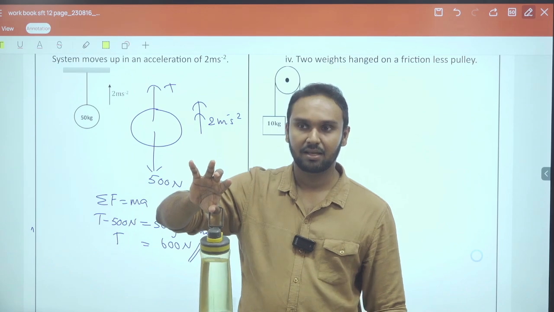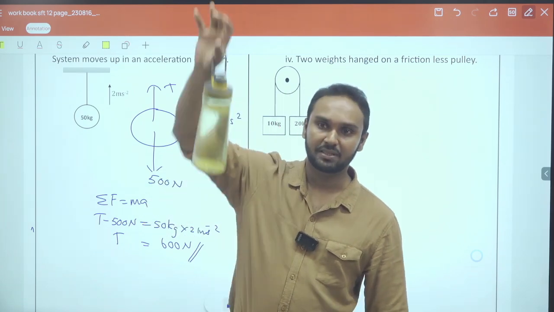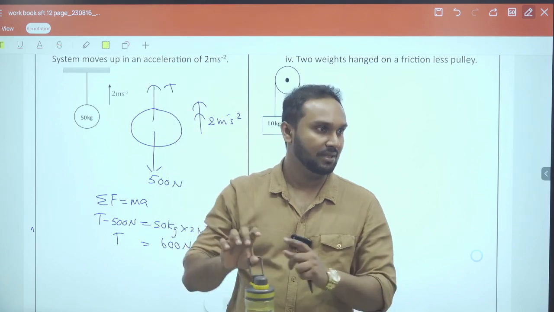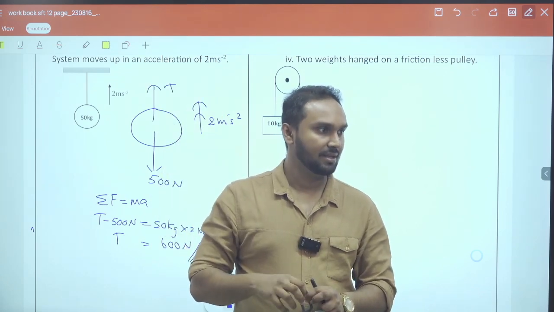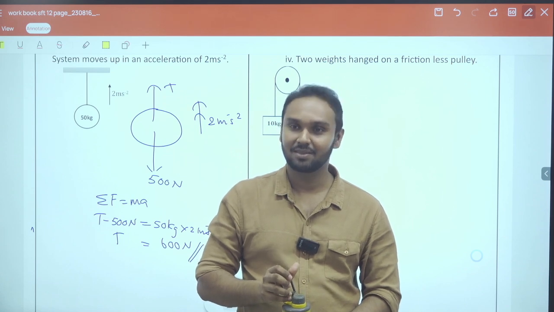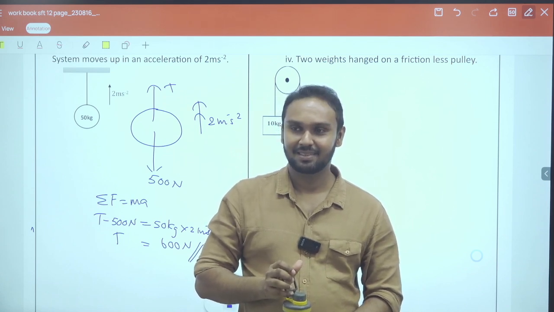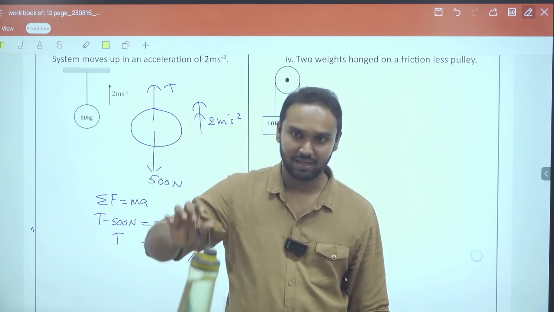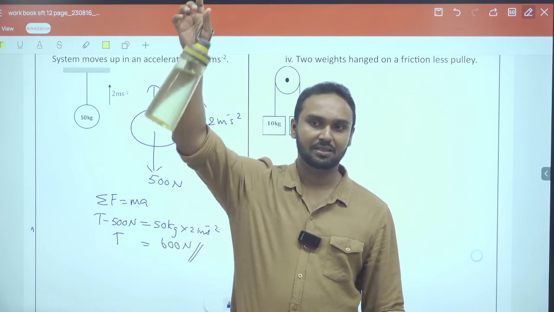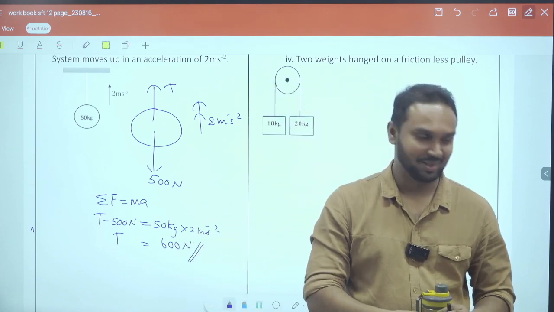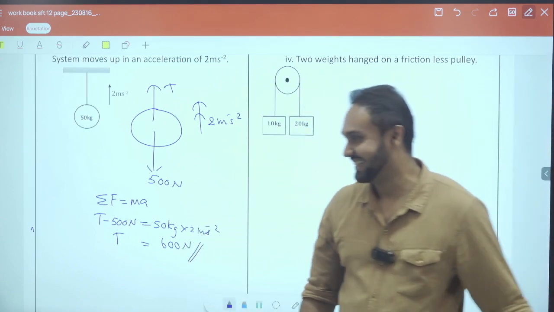Get it? And if I move this upwards with an acceleration, I feel more tension in my finger. With the acceleration though, you have to do it with the acceleration. Going downwards, it's less; going upwards, it's more. Try it at home. Don't do it here.